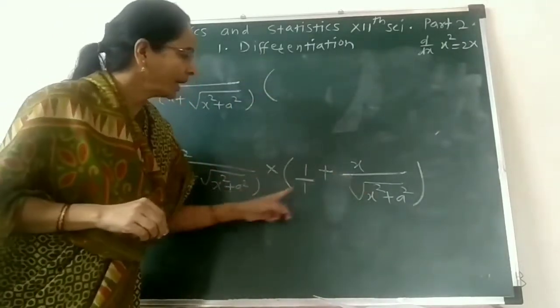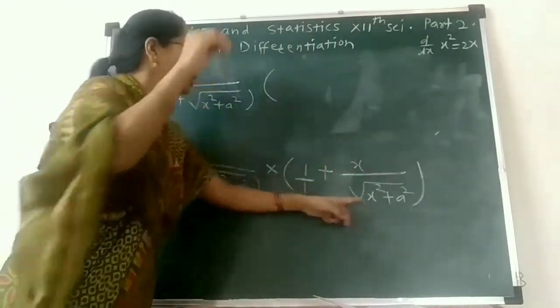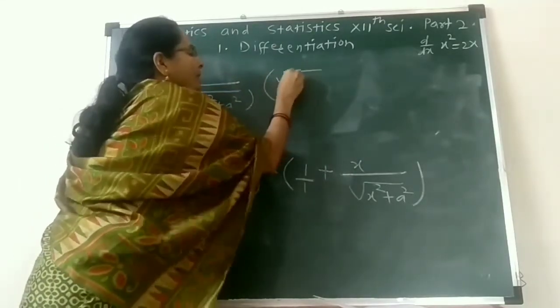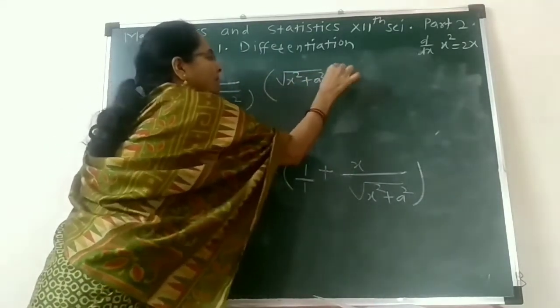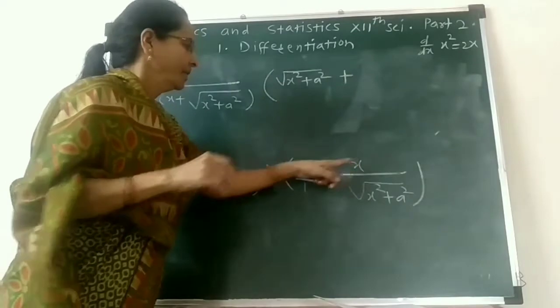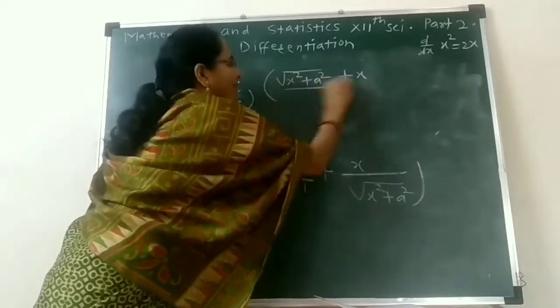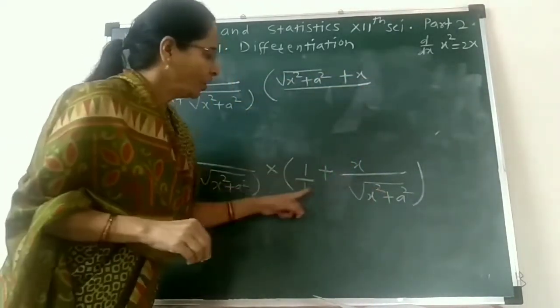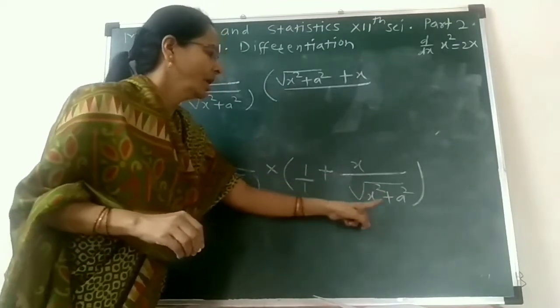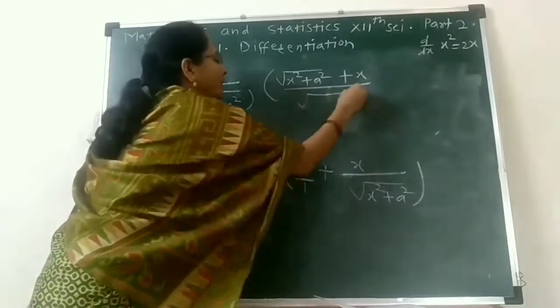Now cross product at the numerator, so root x square plus a square plus x, and the product at the denominator, root x square plus a square.